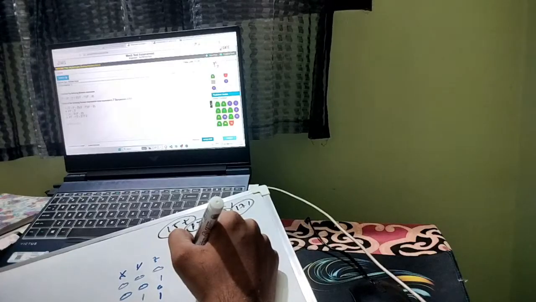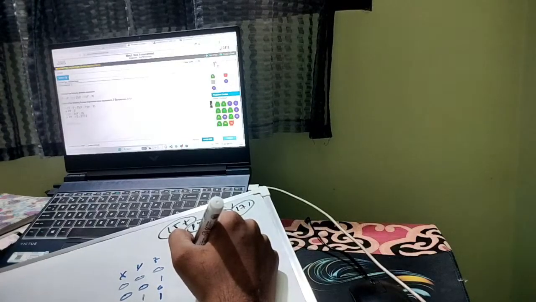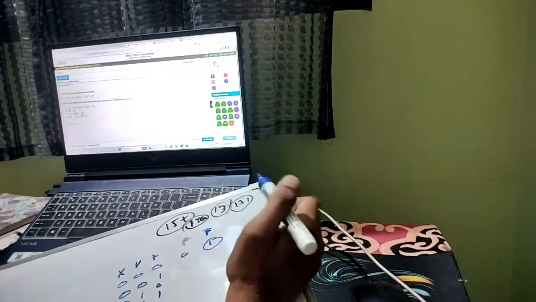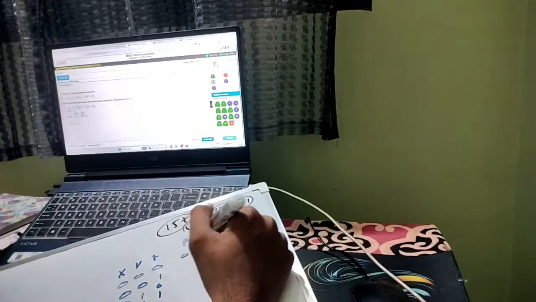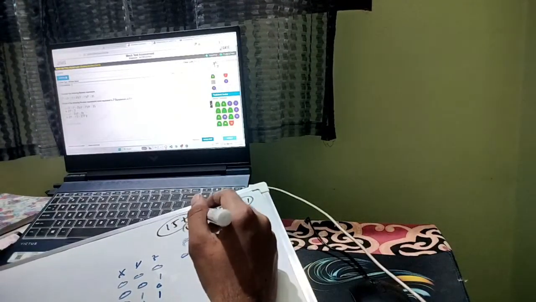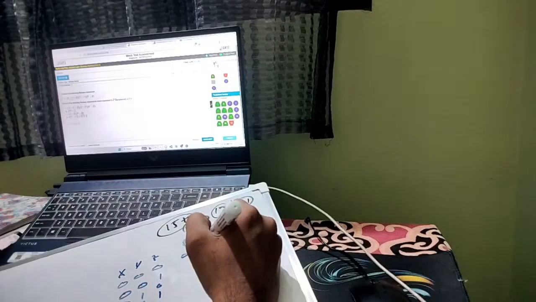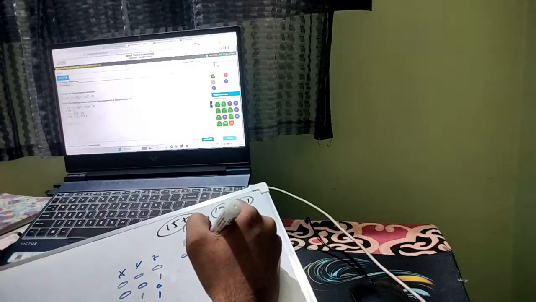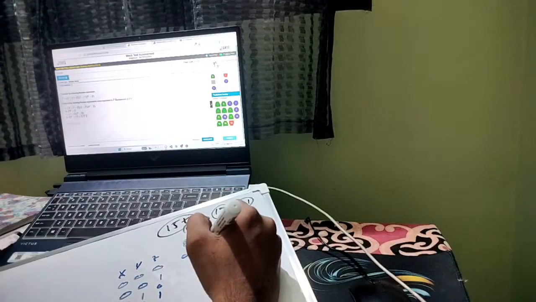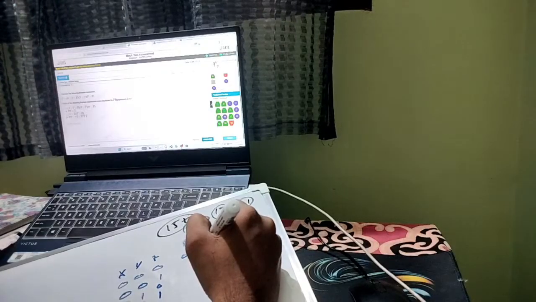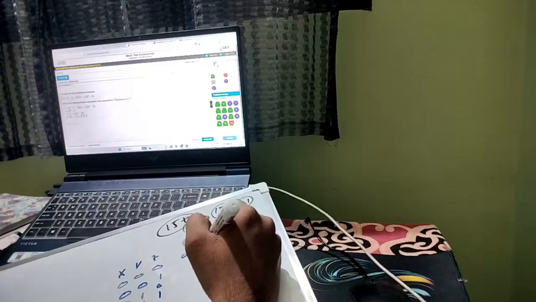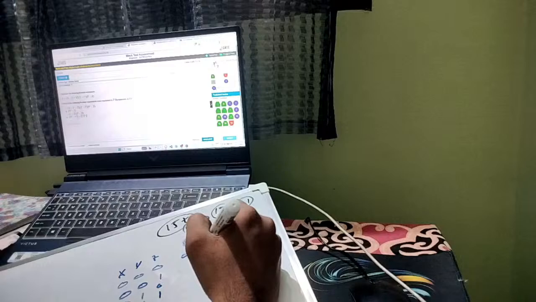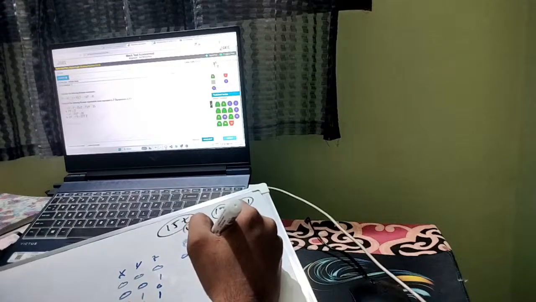No. The expression which after that is so what becomes zero then. If we do just complementation of this one it will be correct, right?